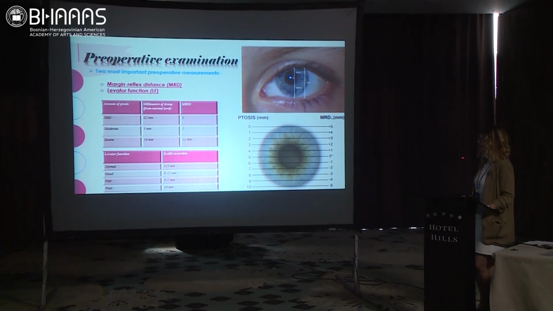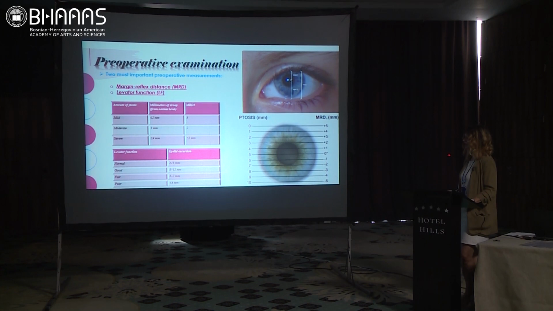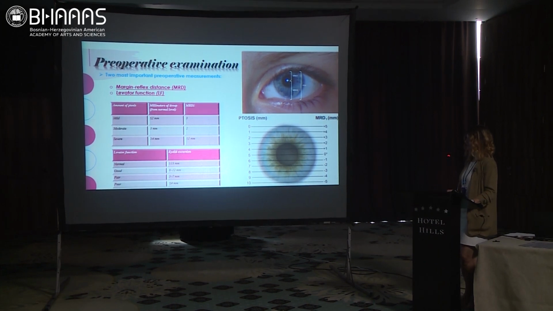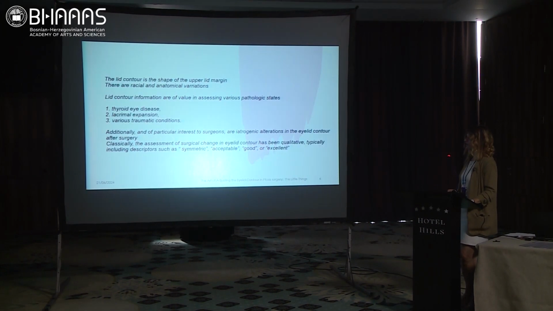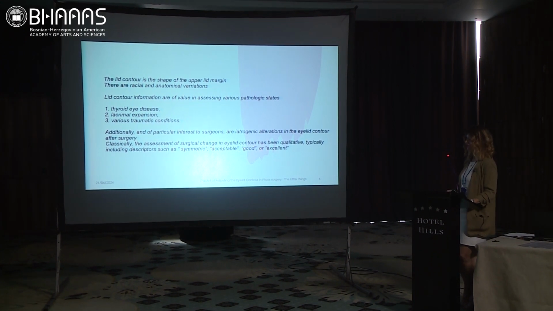These measurements guide us in choosing the type of surgery and evaluating the lid height. Lid contour is actually the shape of the upper eyelid margin, and there are racial and anatomical variations, and of course individual variation in each patient.